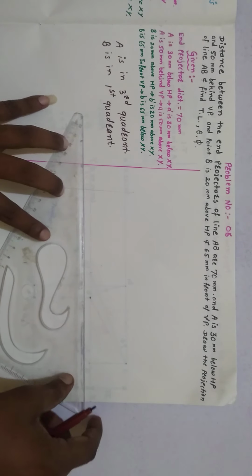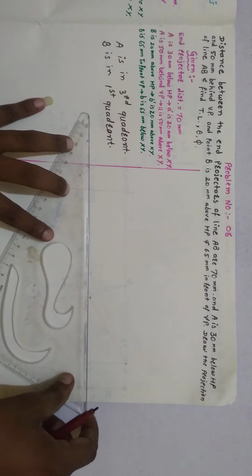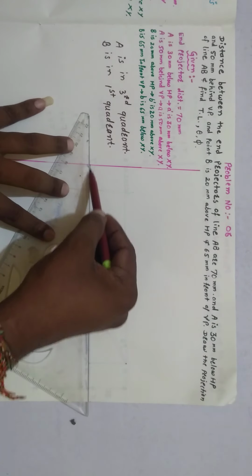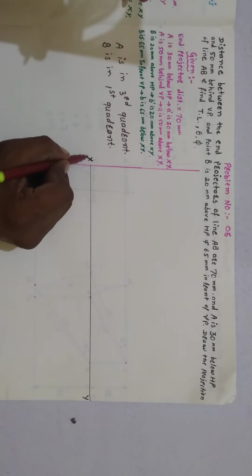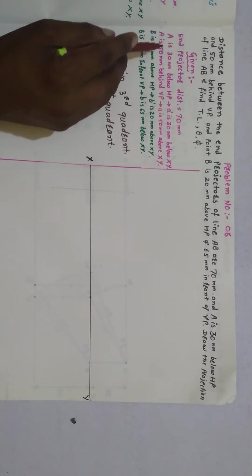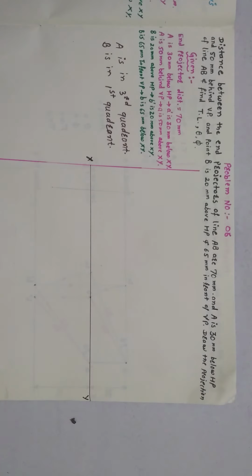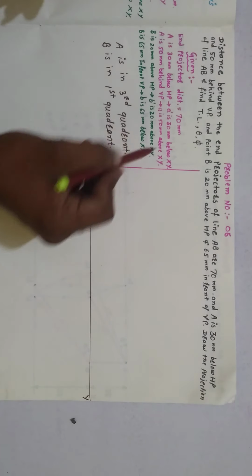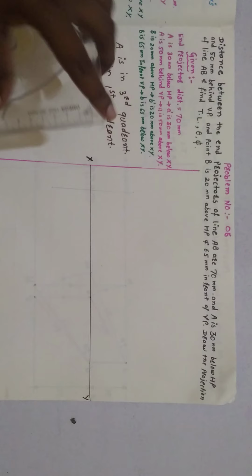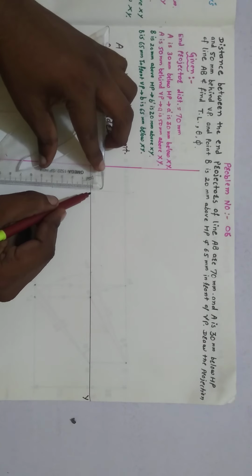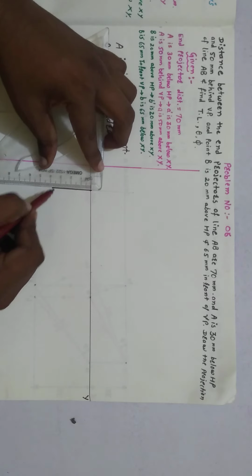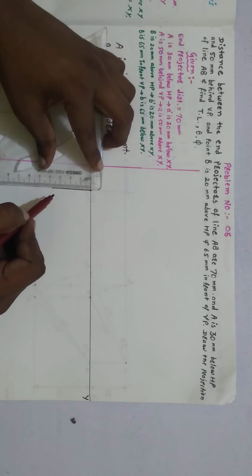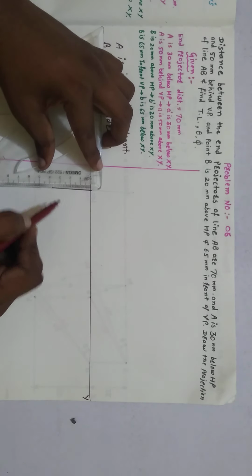Draw the XY line first. This is Y and X. So we have to locate first A dash and A. We have to draw A dash 30 mm below the XY line. I am drawing one straight line which is exactly 30 mm below the XY line.